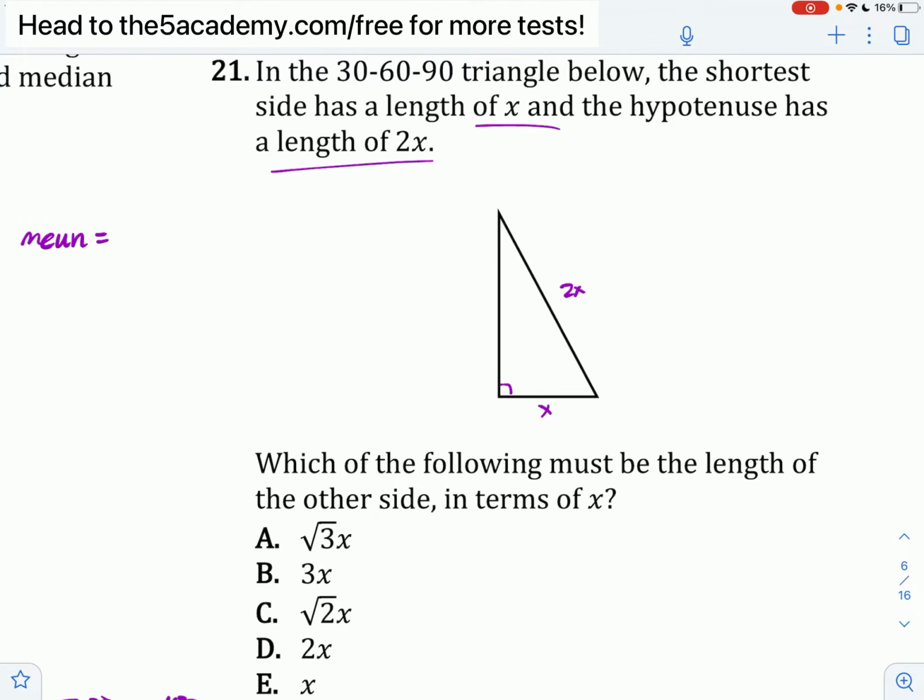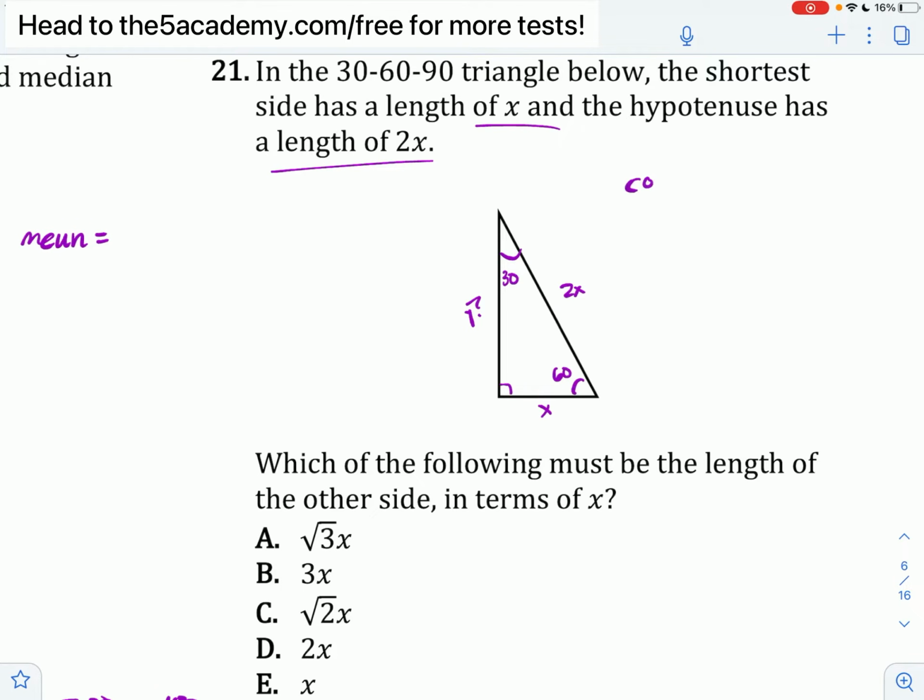All right. Now, how do we find this last side? Let's call it y. The way you find that is you can use your ratios. So I can relate 30 degrees to x or to 2x using opposite over adjacent or adjacent over hypotenuse.